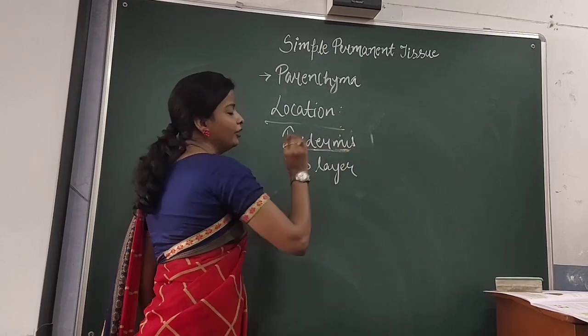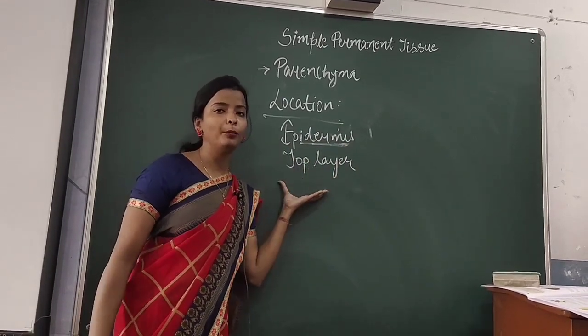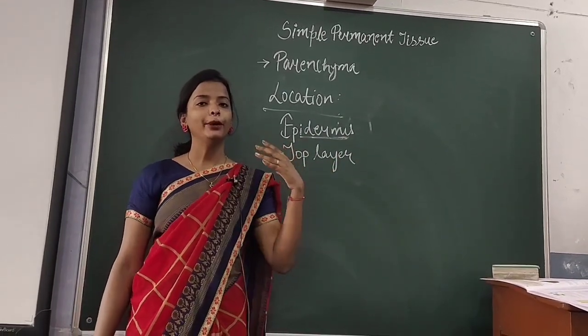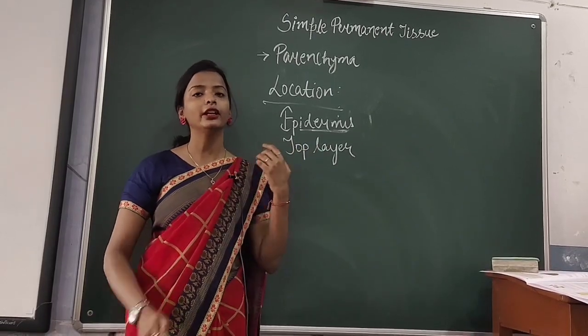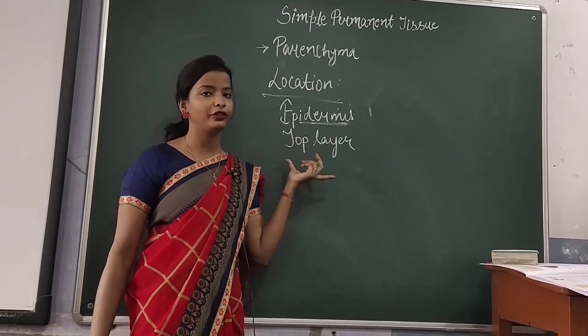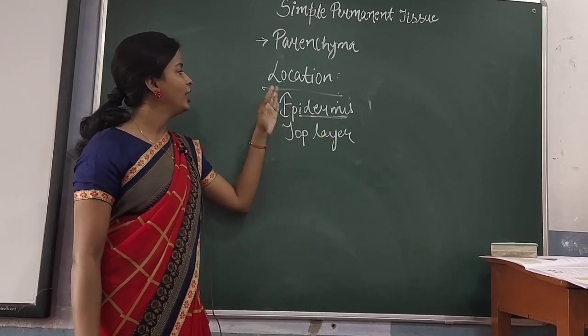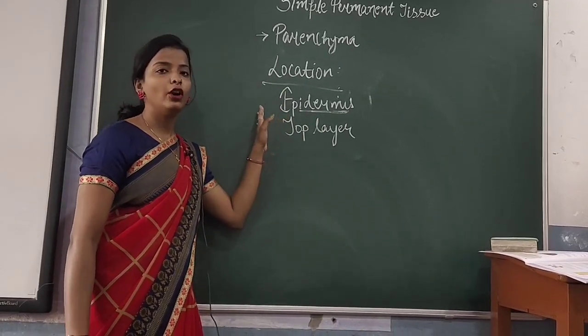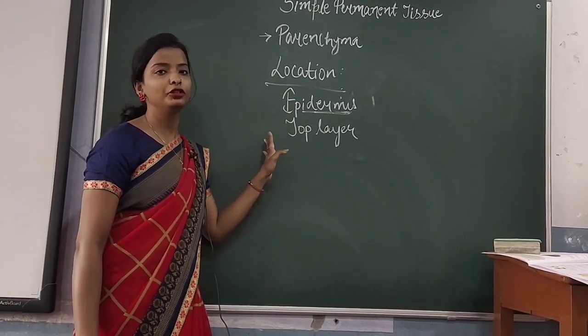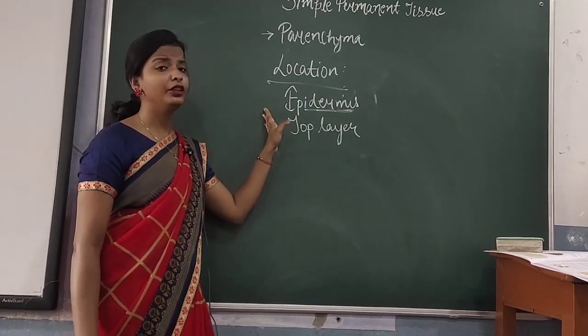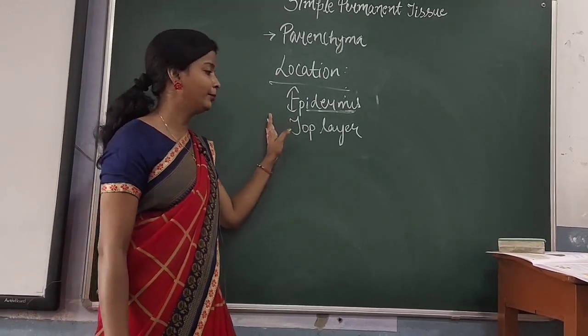Now, what is epidermis? Epidermis is itself the top layer. Like when we will talk about the epidermis of the human being, the skin outer layer is termed as the epidermis. So, here parenchyma are present at all the outer layer or epidermis of the plant body. So, this is about the location of the parenchyma cell.